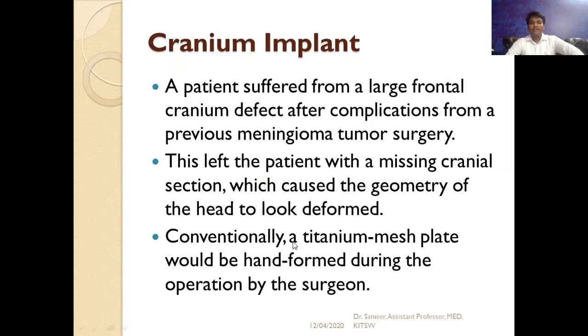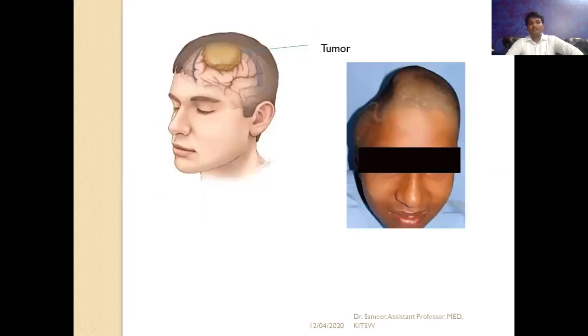Conventionally, a titanium mesh plate would be hand formed during the operation by the surgeon. One of the methods to remove this deformation in the patient's skull is to conventionally use a titanium mesh in the operation theater itself.